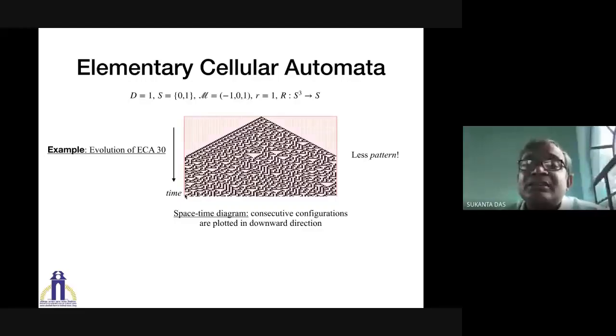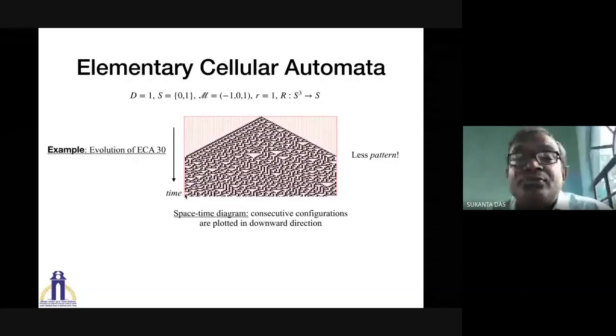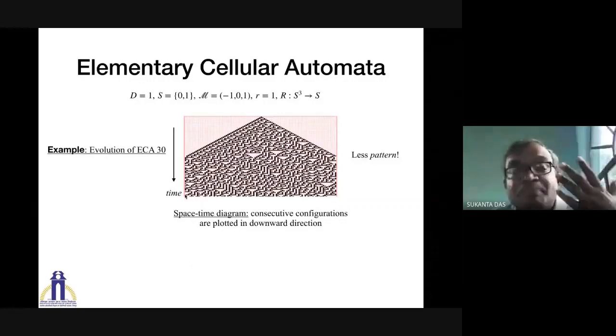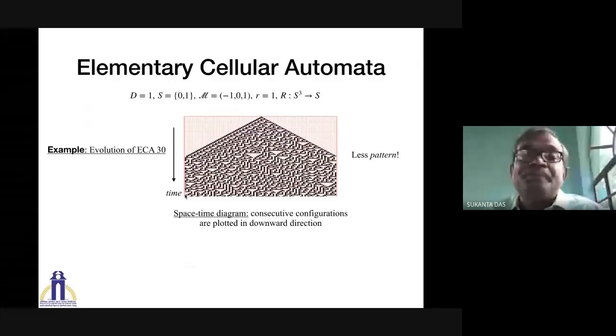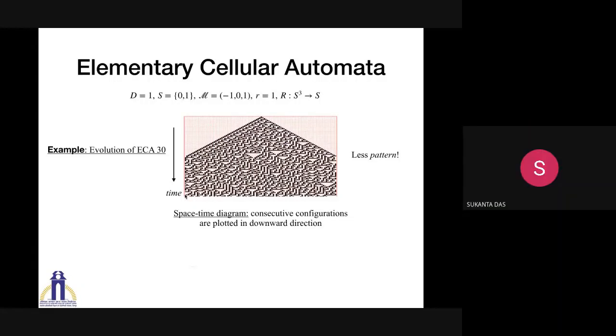Whether there are patterns in the configurations or not, you can observe from this pictorial presentation. So a space-time diagram is a pictorial presentation of the evolution of a CA, and it really helps to identify its inherent behavior.